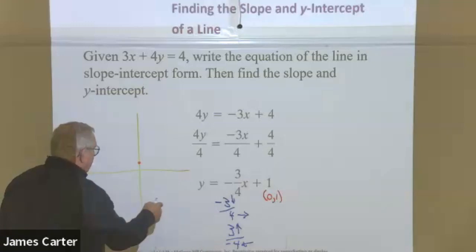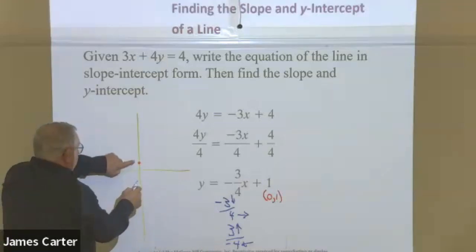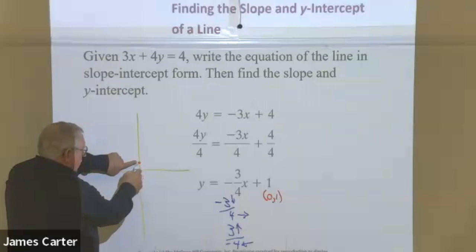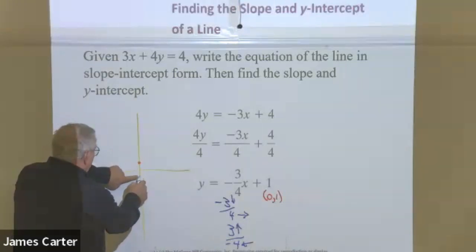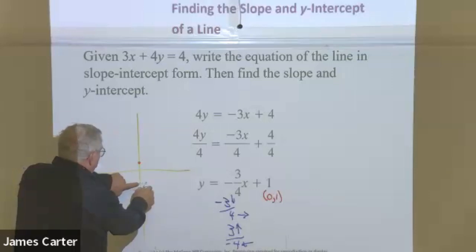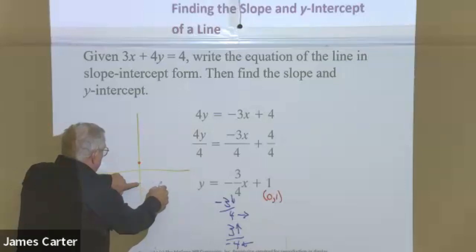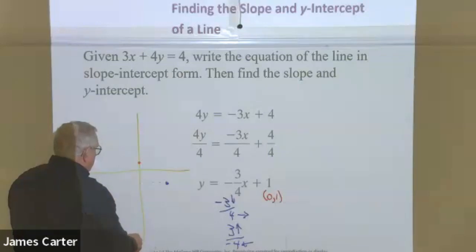And remember, this is rise over run. So from this anchor point, the y-intercept, we can go down 1, 2, 3, and to the right 1, 2, 3, 4 places. Okay?